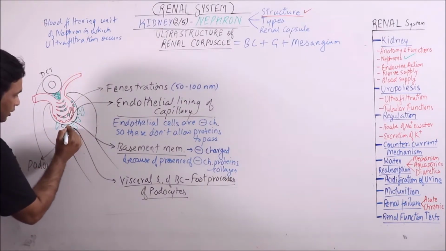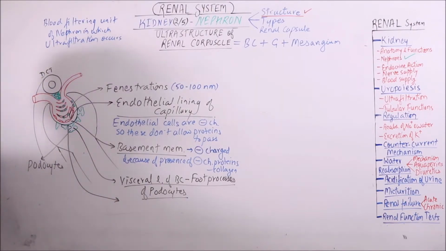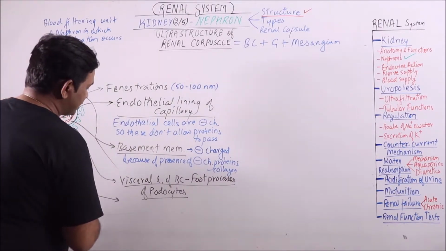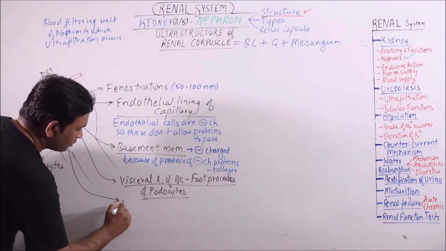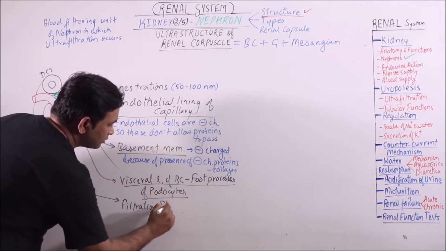Then these spaces in between the foot plates or foot processes of podocytes are termed as filtration slits.